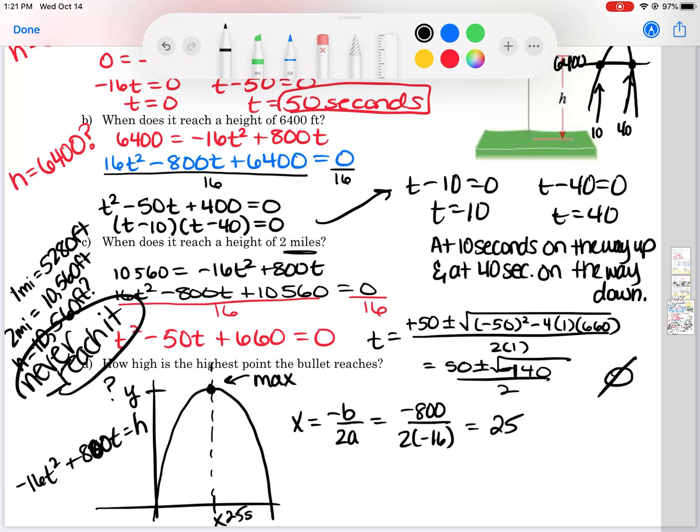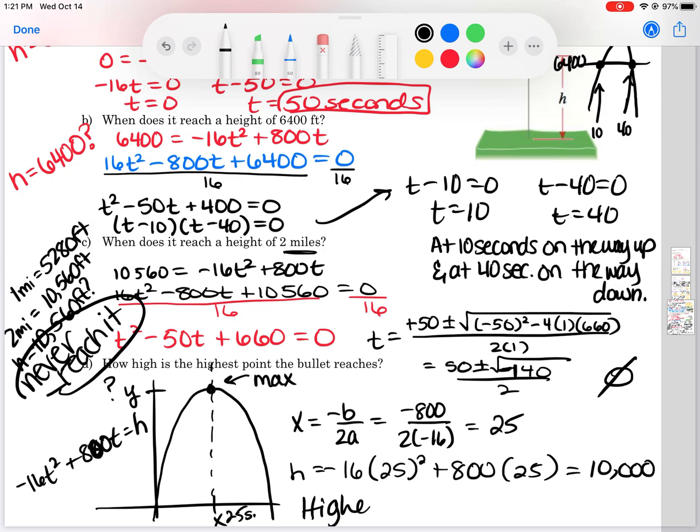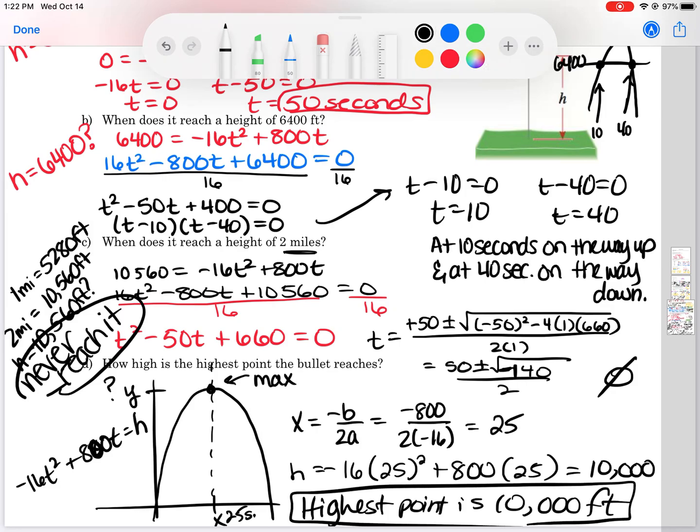And when I calculate that, that's going to give me 25 for the x value. So at 25 seconds, we're going to reach our max height, but we want to know what it is, so we can just plug it in. So h is going to equal negative 16 times 25 squared plus 800 times 25. And let the calculator do our work for us. That's going to be 10,000, which means the highest point is 10,000 feet.